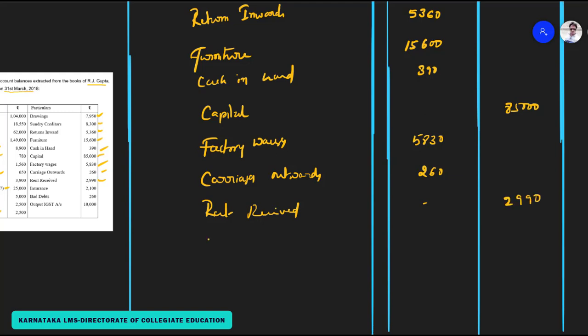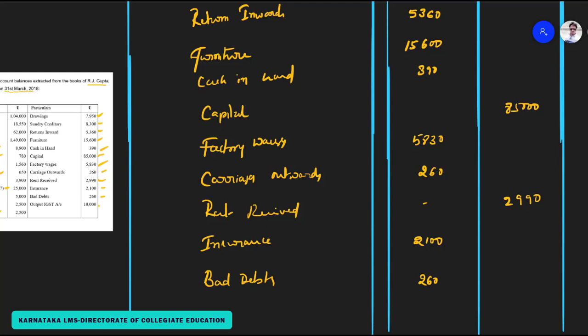And then insurance. The insurance is an expenditure, so on the debit side 2,100. And then bad debts on the debit side, 260. Now we did the insurance and bad debts.